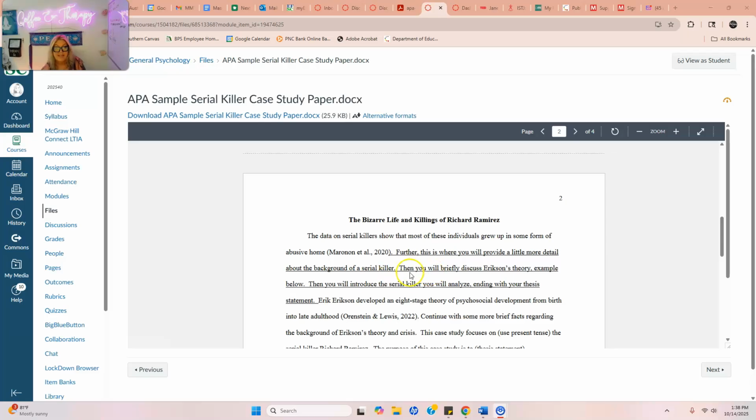All right. And then I said, then you will briefly discuss Erikson's theory, example below, which is this sentence. Then you will introduce the serial killer you will analyze, ending with your thesis statement. So you'll notice when you look at the directions, it says, okay, hook, do the sentence, bring them in.